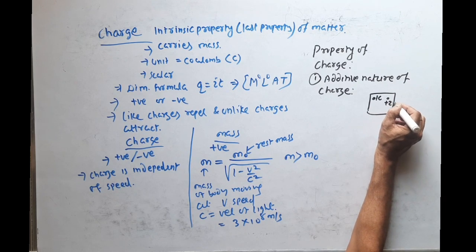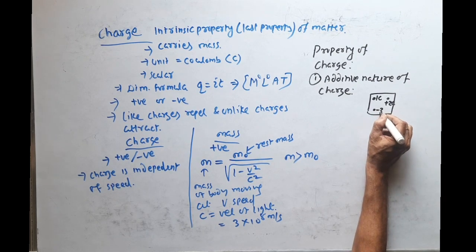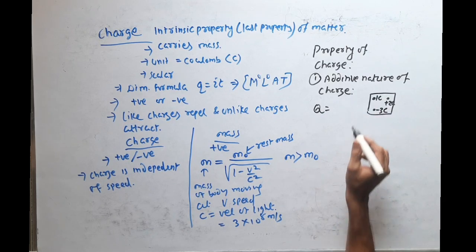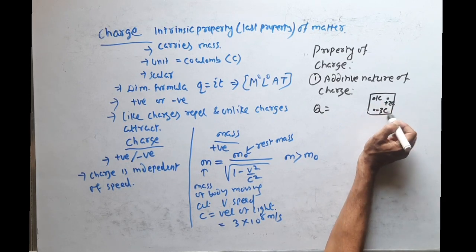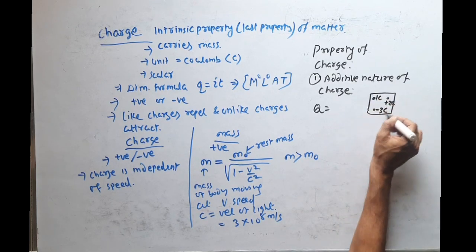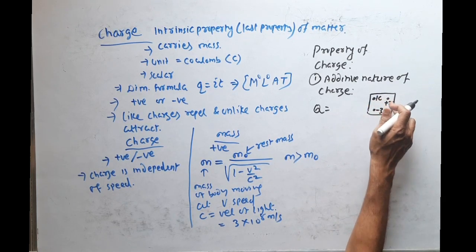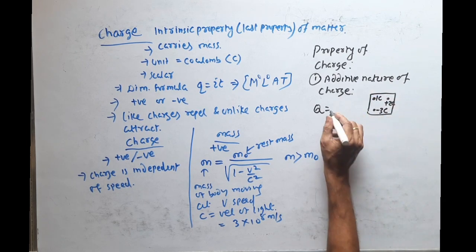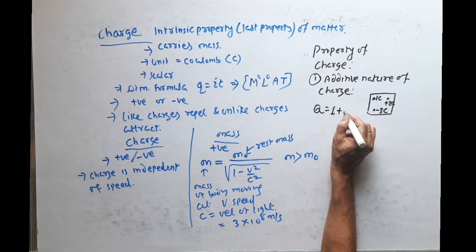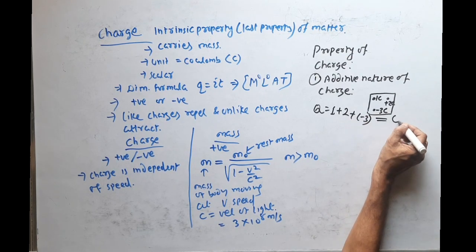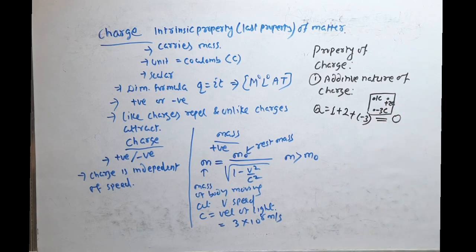Here it is 2 coulomb. Here it is minus 3 coulomb. If somebody will ask, what is the charge of this body? You just simply add. The charge is added algebraically because it is a scalar quantity. So what is the charge of this body? You just add all the charge located at various places on the body. So 1 coulomb plus 2 coulomb plus minus 3 coulomb is equal to what? 0. So the charge of this body is equal to 0.